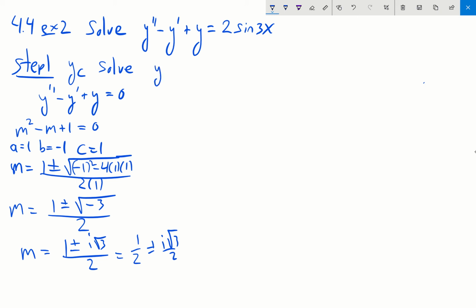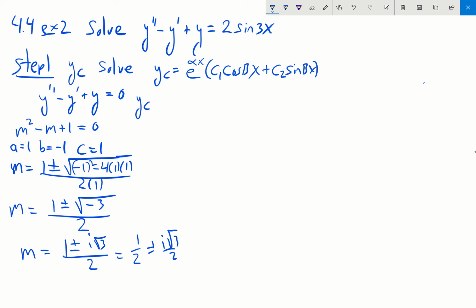It's going to be y_c equals, we can factor it out, e to the alpha x, where alpha is the real part of the complex number, times c1 cosine of beta x, where beta is the imaginary part of the complex number, plus c2 times sine of beta x.